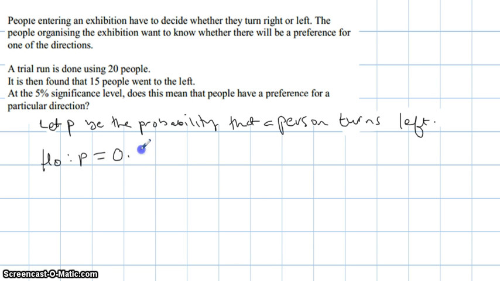We're saying that there is an equally likely chance that they turn right or left. The alternative hypothesis is that there isn't an equally likely chance. We're testing to see if there's a preference in one direction. So from here we know it's going to be a two-tailed test.